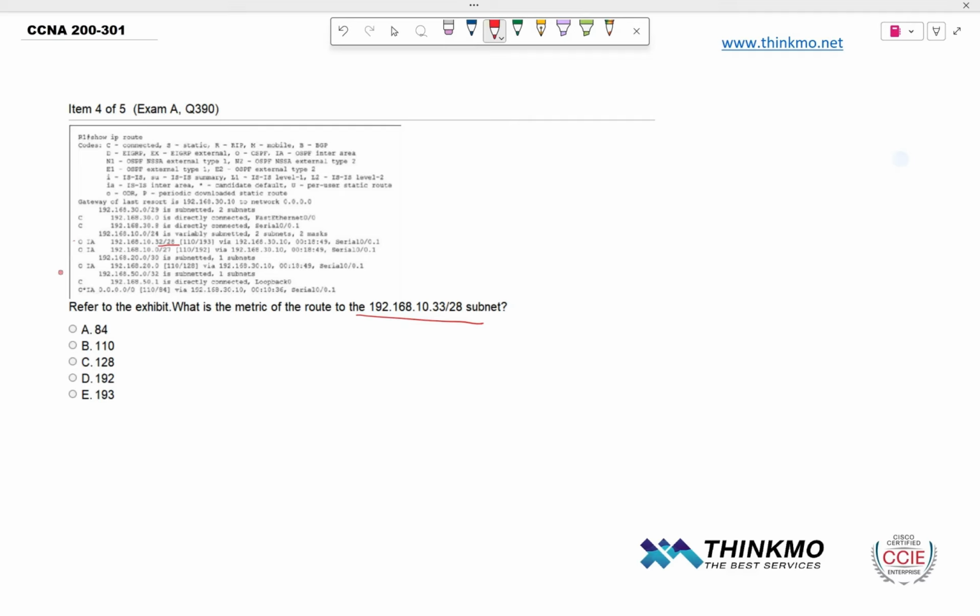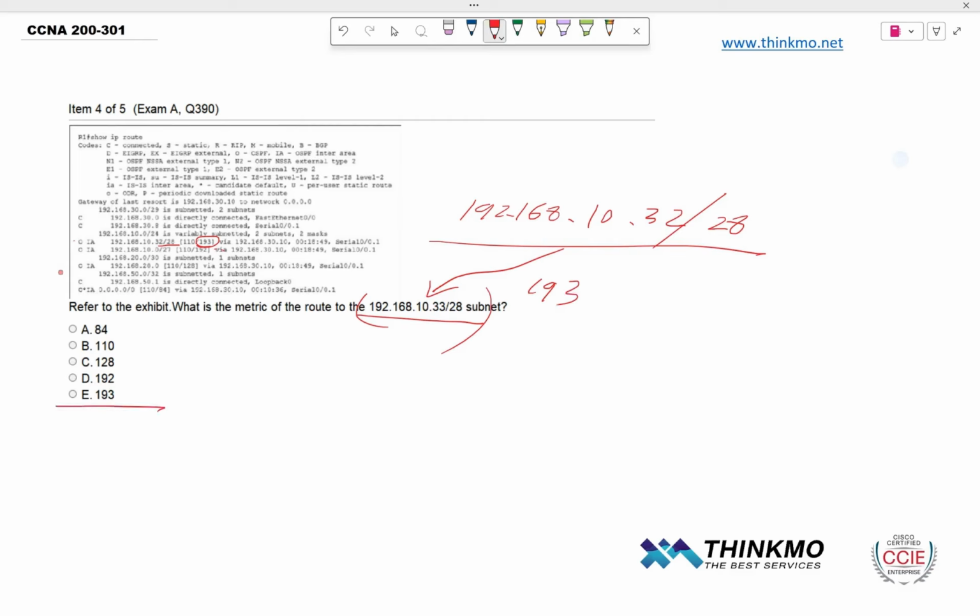This subnet is 192.168.10.32, a network address, and this network address includes 33. It includes 33, so our correct answer is this one. That was a surprise. Its metric is 193. So, in other words, the correct answer is E, 193.